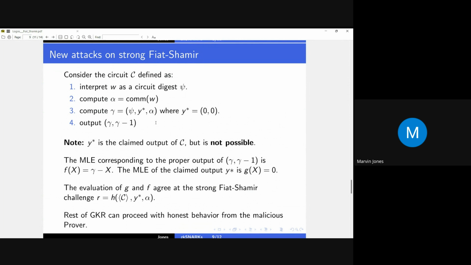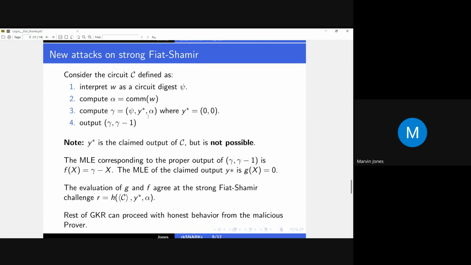The other 2 attacks take that first attack's idea and extend it. So we're going to see what we mean. The first attack works with this circuit. They built a specific circuit to show that they can use strong Fiat-Shamir and just wreck everything.